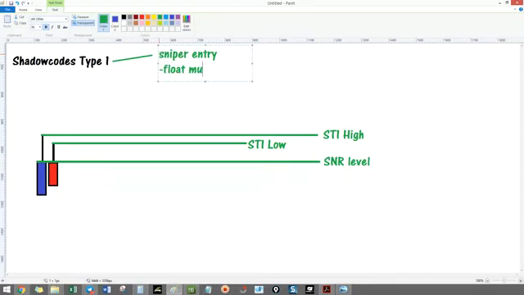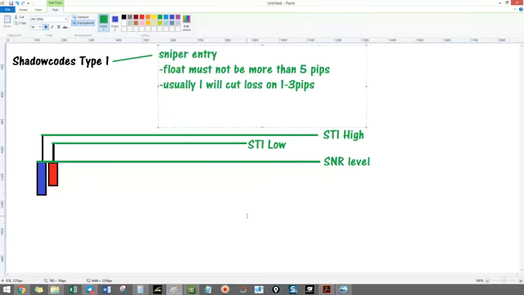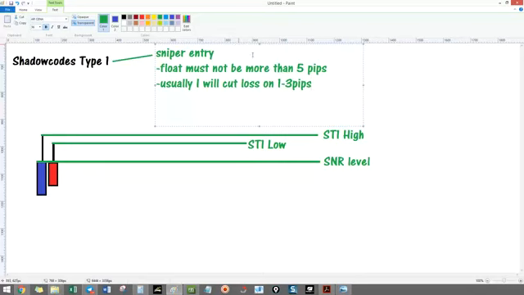Float must not be more than 5 pips. Usually I will cut loss on 1 to 3 pips.